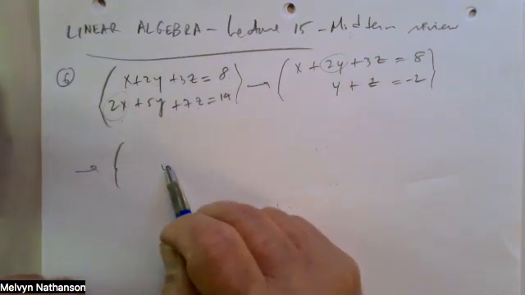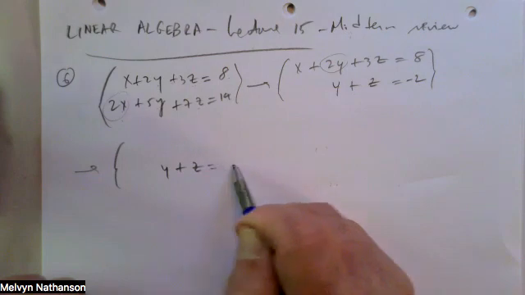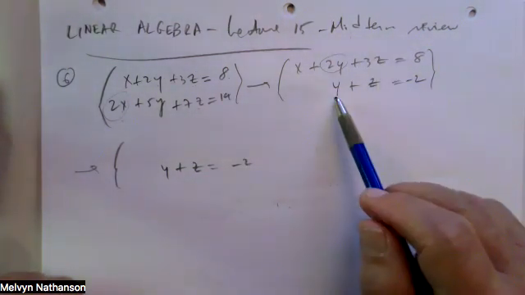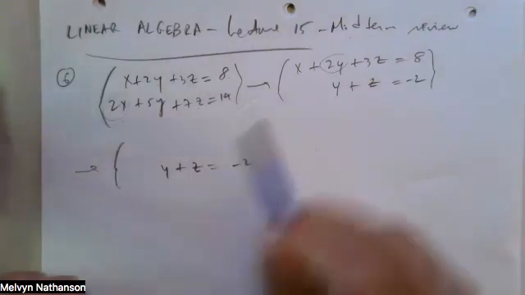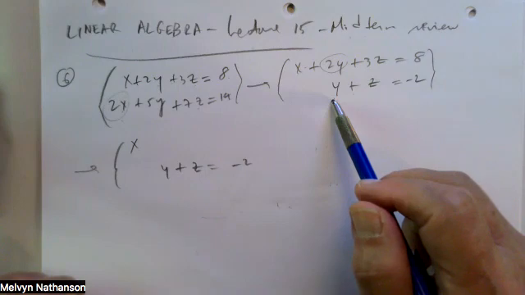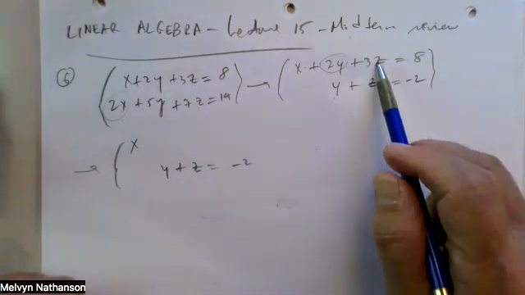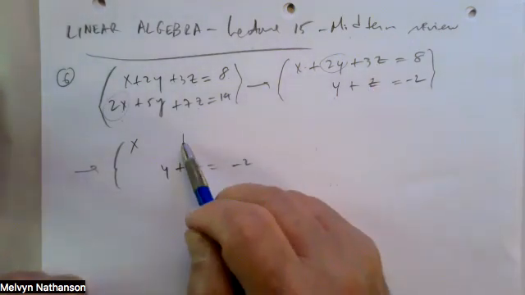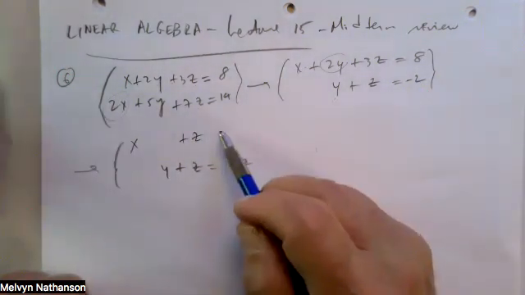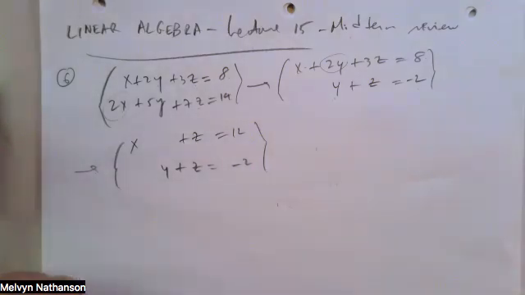My second equation is y plus z equals minus 2, and I can take the first equation minus 2 times the second. So x minus 0 is x. 2y minus 2y is 0. 3z minus 2z is z. And 8 minus minus 4 is 12.